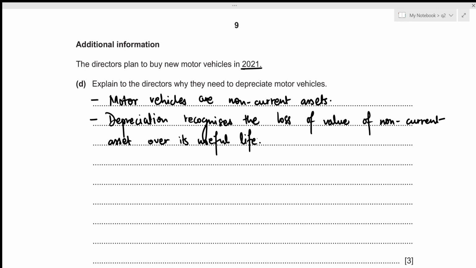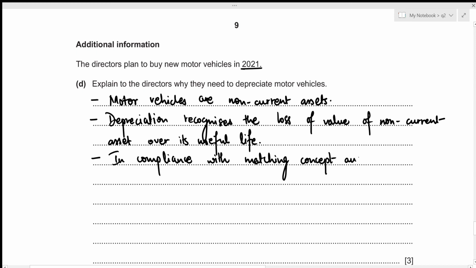And we need to charge depreciation because it is in compliance with our matching concept as well as the prudence concept, right? Because matching concept states that we need to match the cost of the non-current assets with the revenue generated, and the prudence concept states that the value of non-current assets should not be overstated. Let's write this down. So depreciation is in compliance with matching concept and prudence concept.